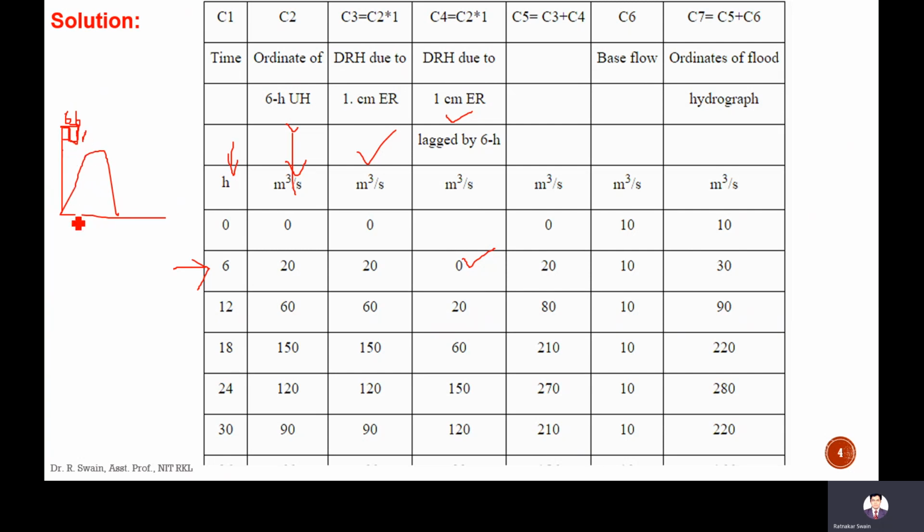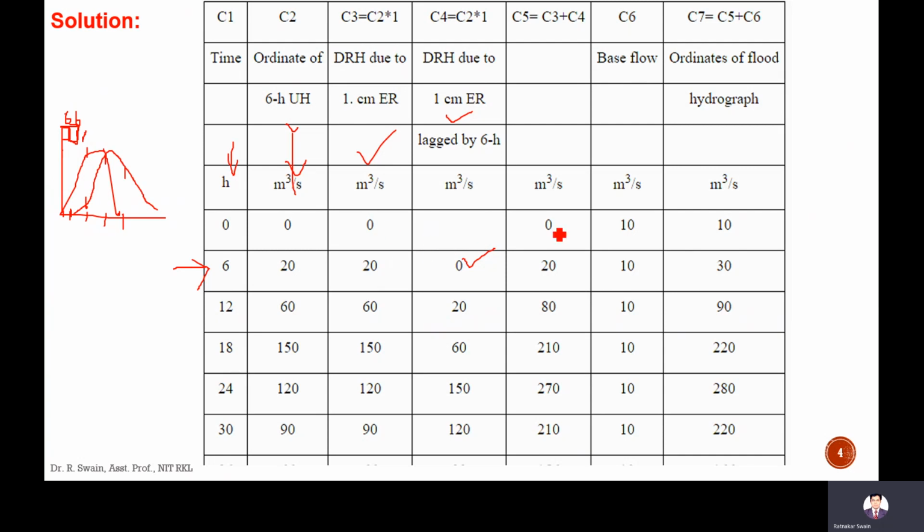So for the second rainfall, the unit hydrograph will start after 6 hours. Same plot, just starting after 6 hours. So for the different time steps, time 0, 6 hour, 12 hour, you have to add this ordinate and this ordinate. For the next, 18, this ordinate and this ordinate. For all time steps we have to add the 2 ordinates.